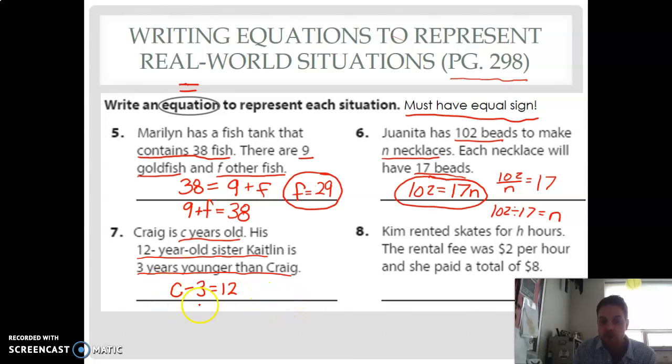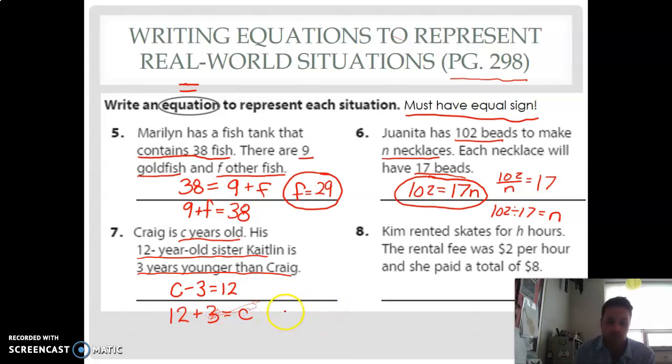All right, so maybe you came up with this equation to represent that situation. Maybe you came up with, well, if his sister's 3 years younger, that means if I took his sister's age and I added 3, that would equal Craig's age.